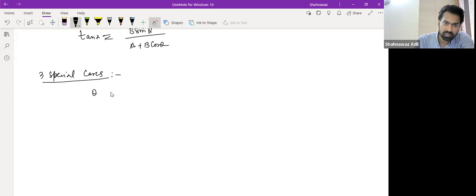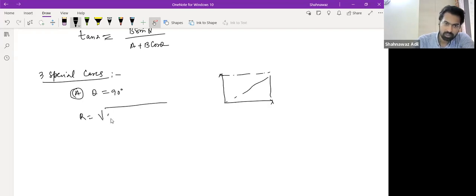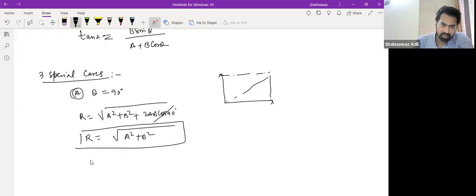If theta is 90, the magnitude would be simply root of a squared plus b squared, because cos 90 is 0, so this cancels out. Right, guys? Yes, sir.